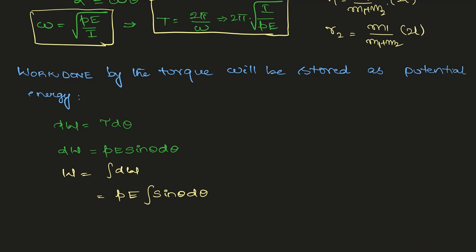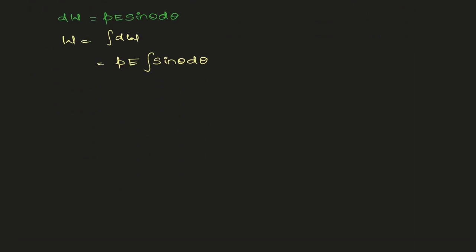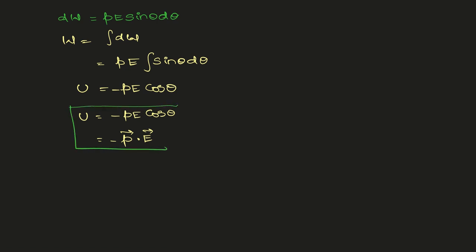The integration of sine theta is minus cos theta, so this will be stored as potential energy, and U will be equal to minus PE cos theta, or equal to minus P bar dot E bar. So these two equations are also very important for solving some numericals. We have some direct questions based on this.